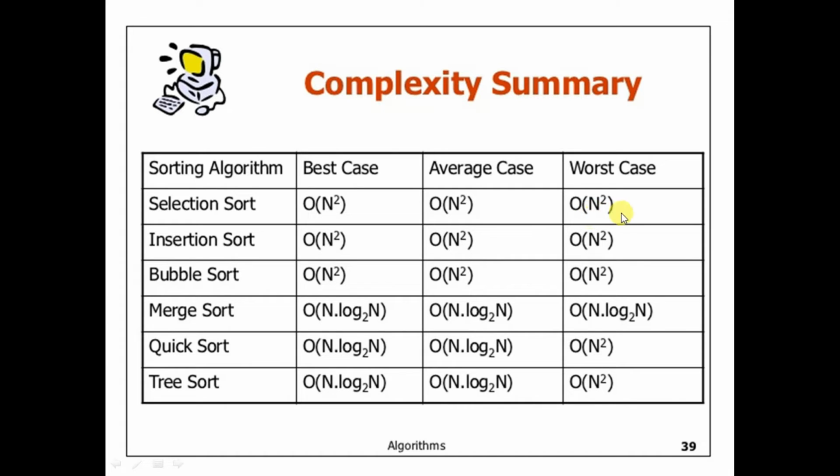This is to be taken care of. Suppose we are considering that the worst case of selection sort is O. O means order. Okay, you have studied big O notation, that O represents the order of that algorithm.